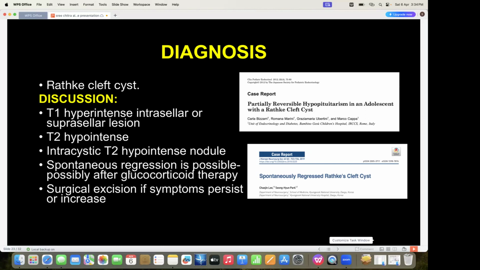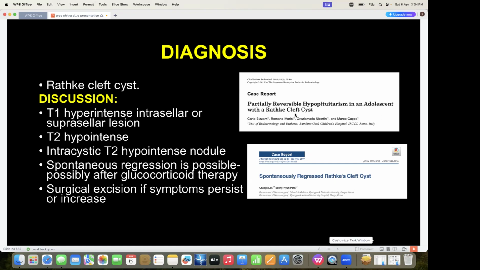Spontaneous regression or reduction in size without any definitive therapy is also possible, especially after glucocorticoid therapy, because this patient also had hypopituitarism. There are multiple reports in the literature telling that the clinical feature is usually hypopituitarism, like in our case with the Rathke's cleft cyst.